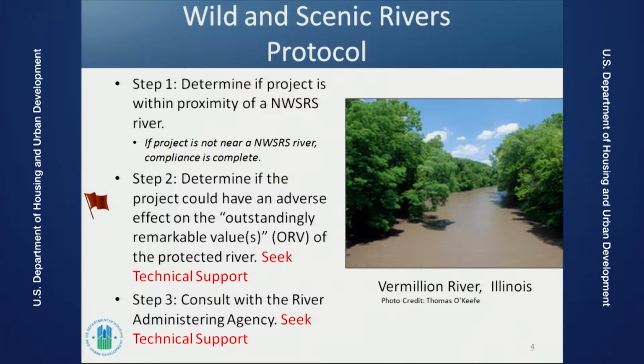And the third step is to consult with the river administering agency if you may have impacts. Each of these rivers, the states have different agencies that can be regulating the Act, so check with your state to find out what agency may be the one that you need to contact.